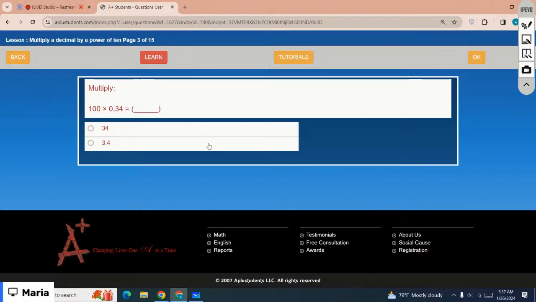It is 34, not 3.4. You have two zeros in 100. You need to move the decimal point two places right, that is 34. You need to move the decimal point from here to here. That would be 34, not 3.4.